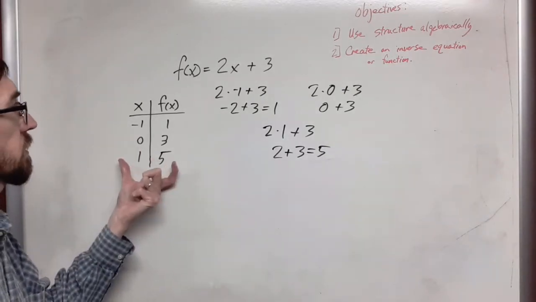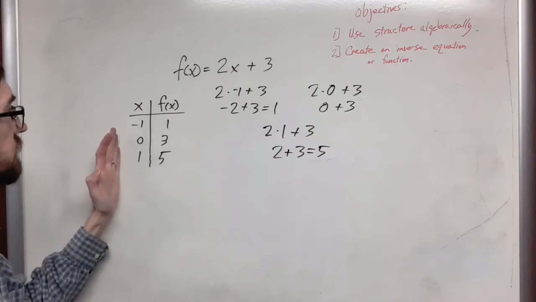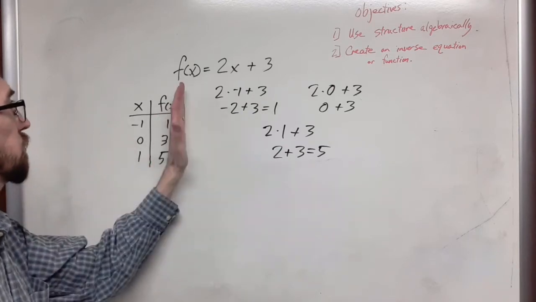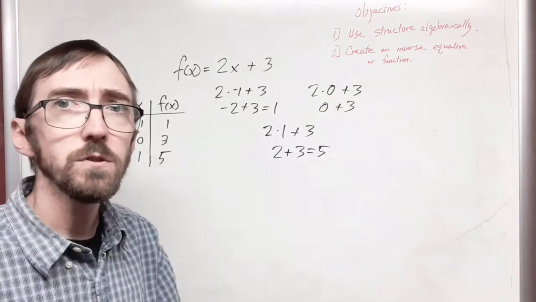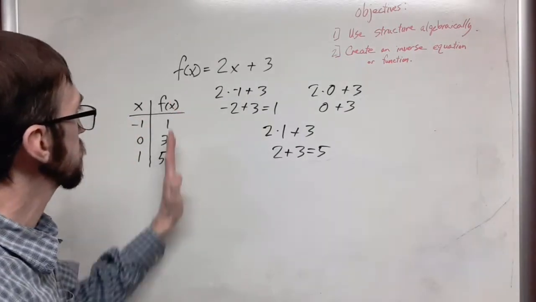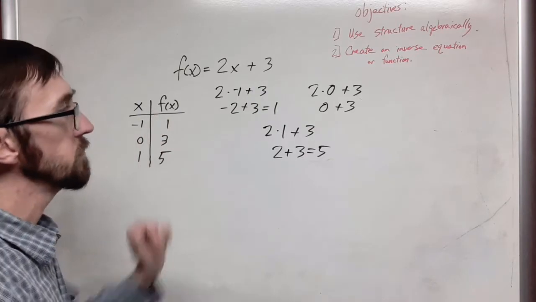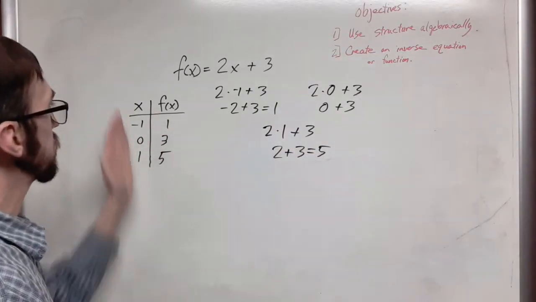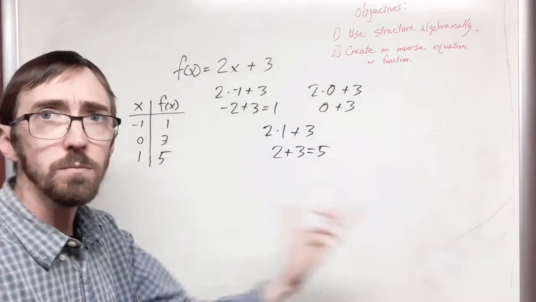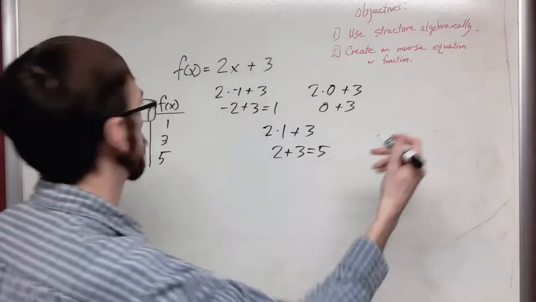So the input here was the x values and the output was the f of x values in this table. Now, if I have an inverse function, I should be able to take this second column, this output column, and put it into my inverse function and get out this first column. So I'm going to create this mirror table over here.